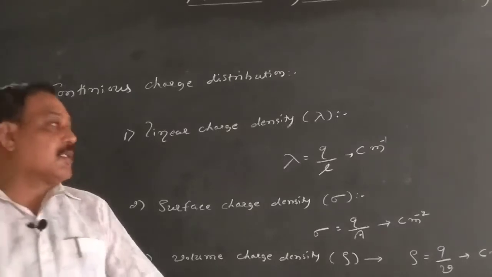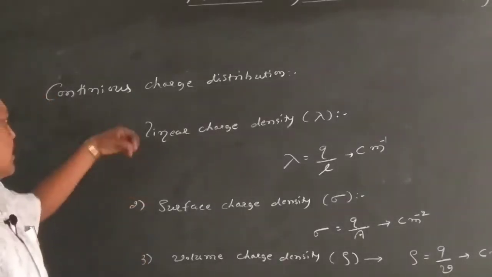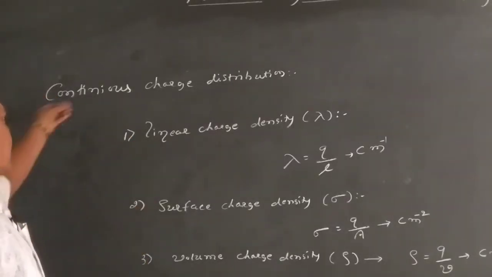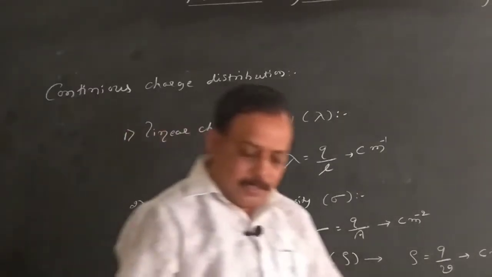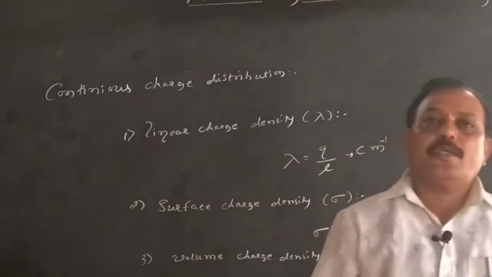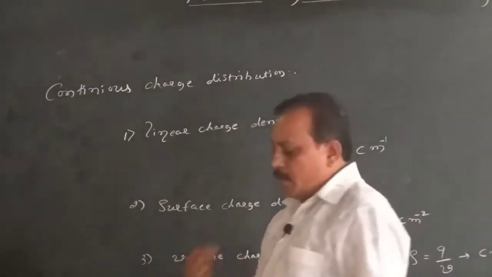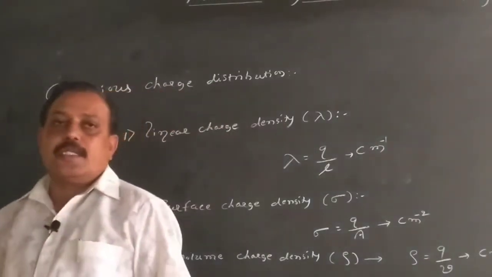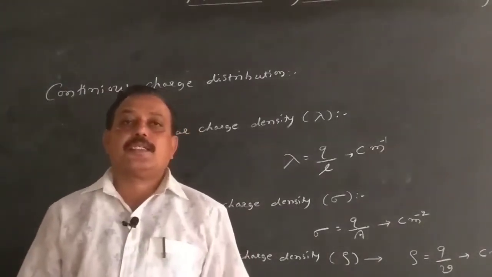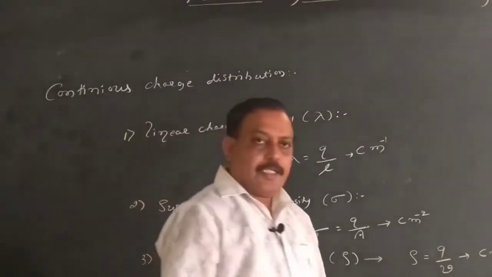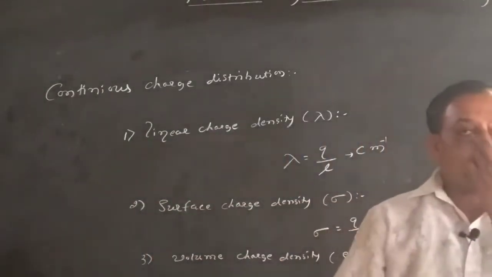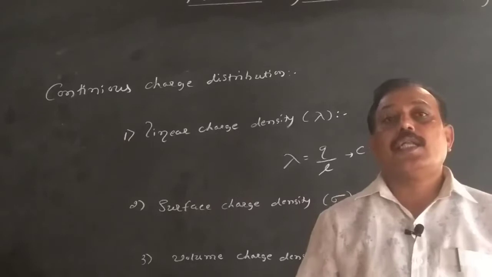Now these charge densities are based on the principle of continuous charge distribution. Then after completion of this continuous charge distribution, we enter the field of the main important factor, that is the electric lines of forces or electric field lines. Then after the electric field lines, we come across the electric flux.